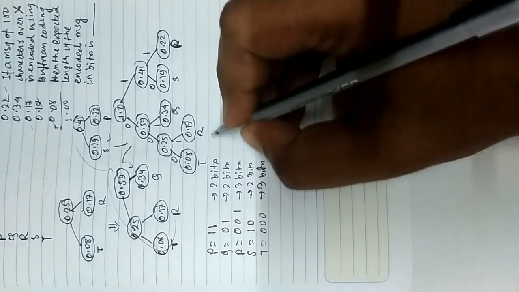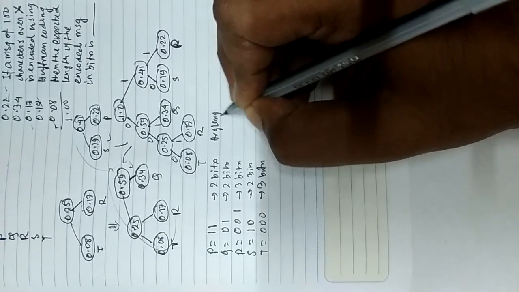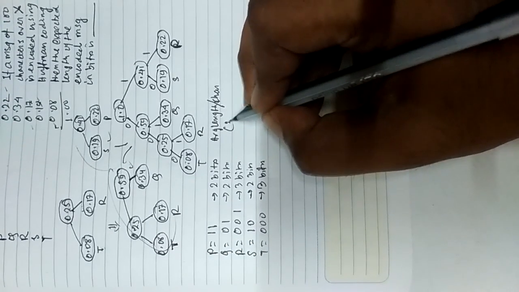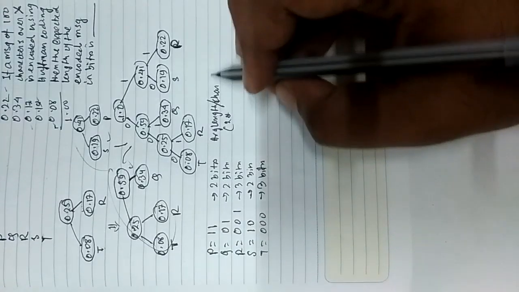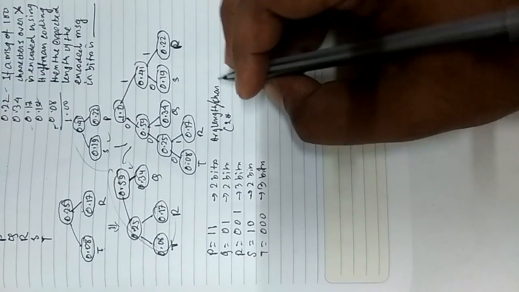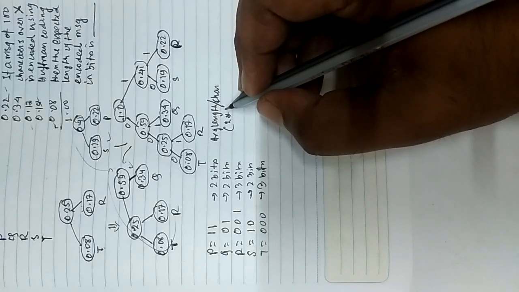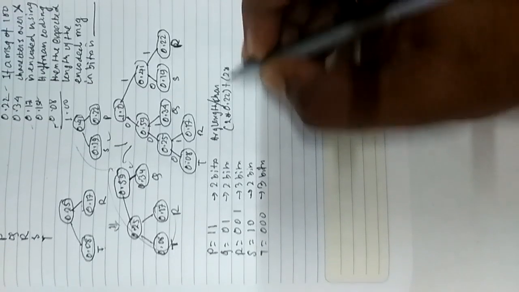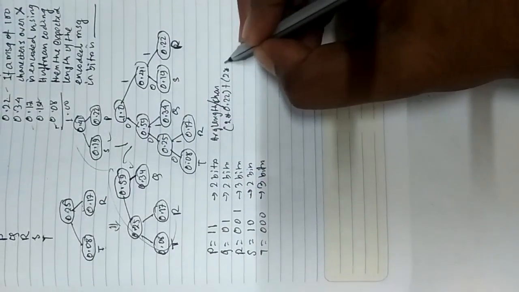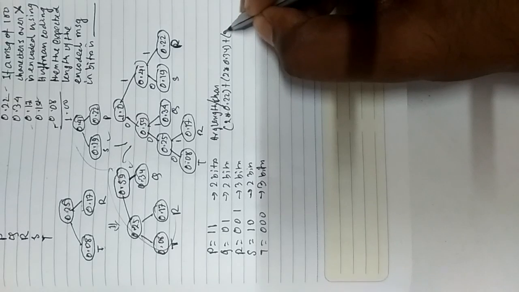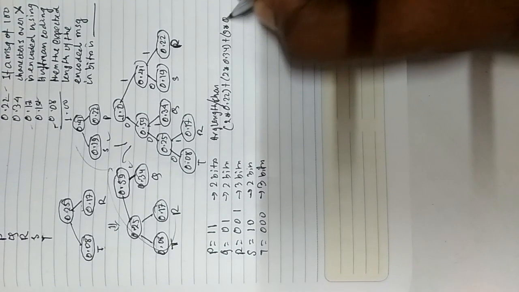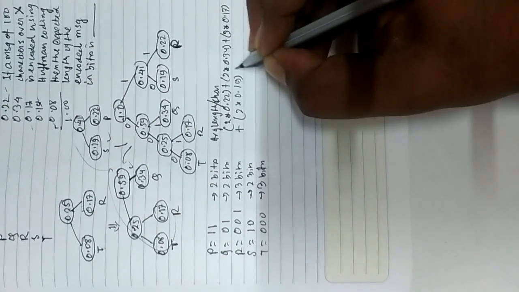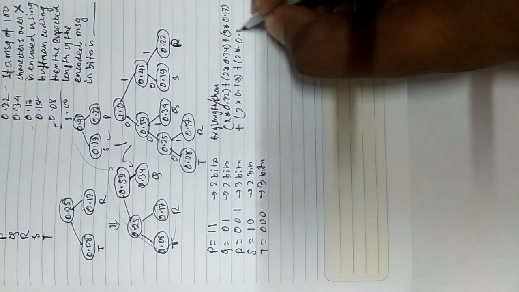Now we will find the average length per character. To find this, we multiply the bits with the probabilities: 2 into 0.22, plus 2 into 0.34, plus 3 into 0.17, plus 2 into 0.19, plus 3 into 0.08.